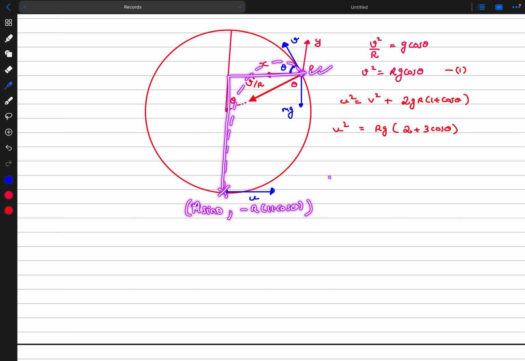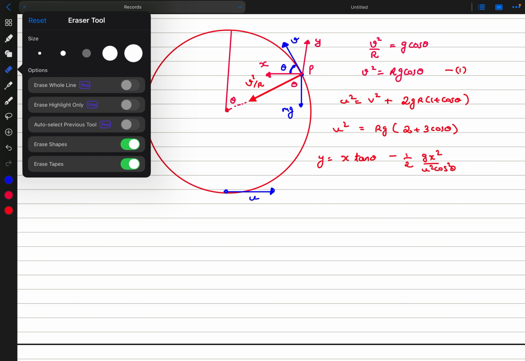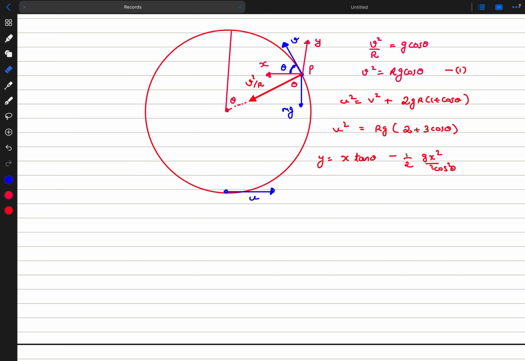Now you just have to plug this into the trajectory equation. The equation of trajectory is y equals x tan theta minus half g x squared over u square cos square theta. Of course, instead of u it will be v.